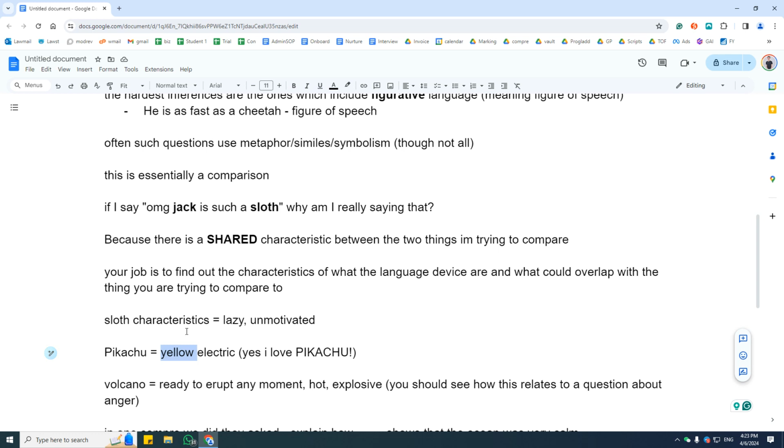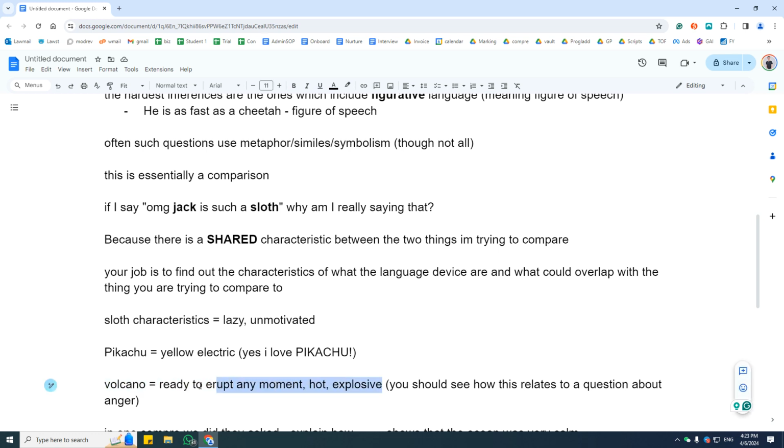I think everybody understands. And if we go into volcano, what if I say, oh, he was like a volcano about to erupt? What are the special characteristics here? About to burst any moment, about to release any moment, right? Hot, explosive, these are the characteristics of the metaphor volcano.